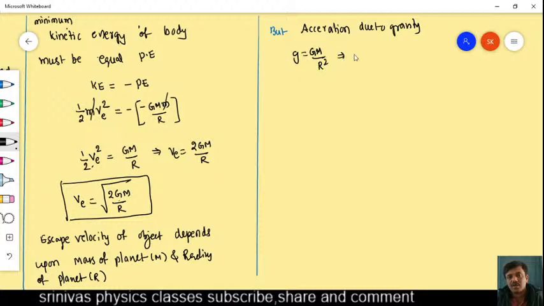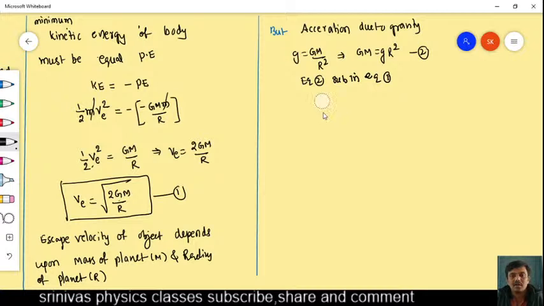From that, capital G capital M is g R square. This is considered equation 1 and this is equation 2. In place of GM, you write g R square. Then substitute equation 2 in equation 1. If you substitute, what will you get?